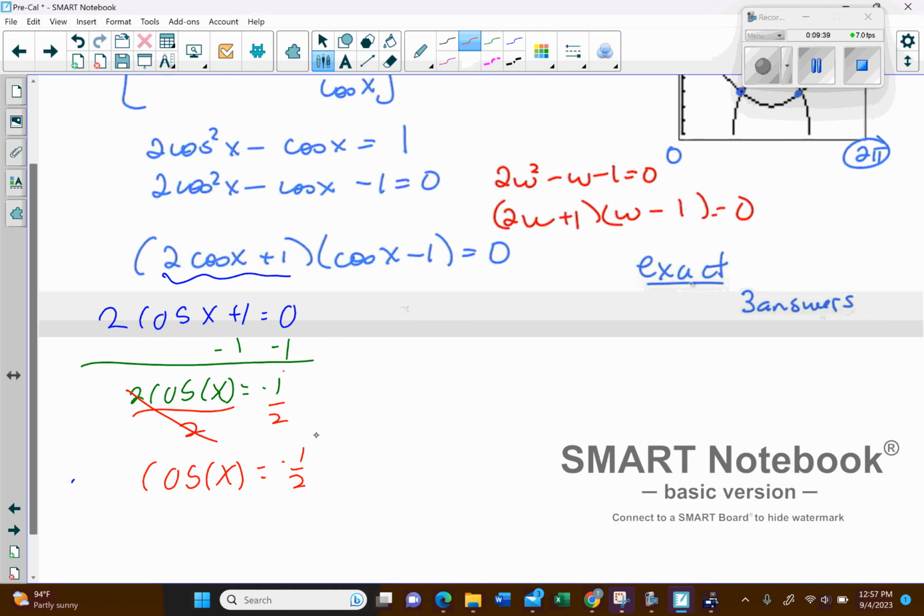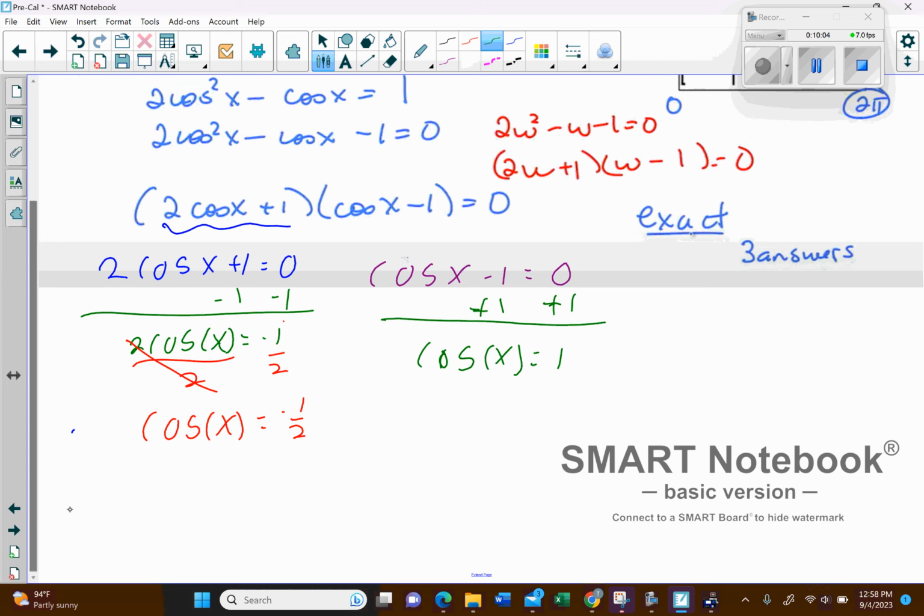Once again, we're only looking at 1 rotation of the unit circle, and I'll draw us a picture in just a second. There should be 2 spots where that occurs. Then we take the other one, set that equal to 0, and solve. We add 1 to both sides, and we end up with cosine of x equals 1. We just have to figure out where those spots are.